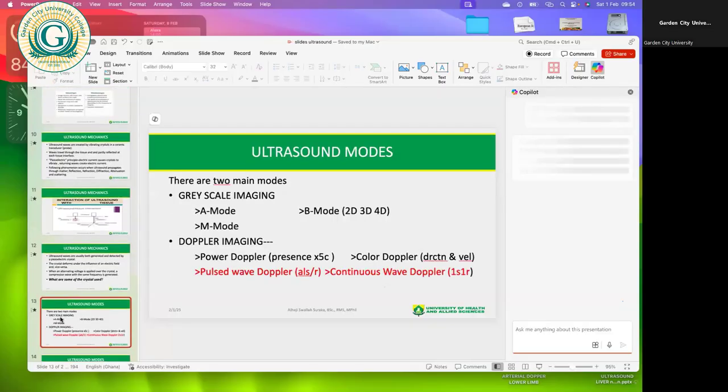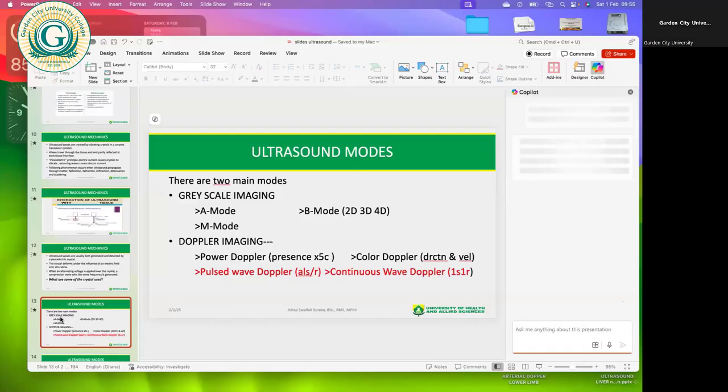Then we move on to ultrasound modes. There are various modes that we have in ultrasound. What are the modes I'm referring to? When ultrasound is received by the probe and amplified by the system, it has to interpret the returning echoes in a particular way for you to see.